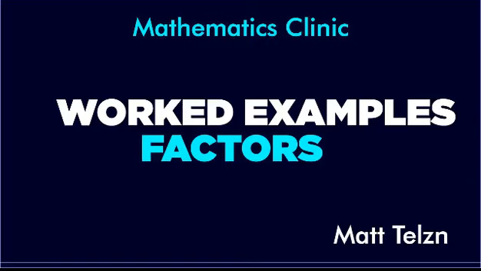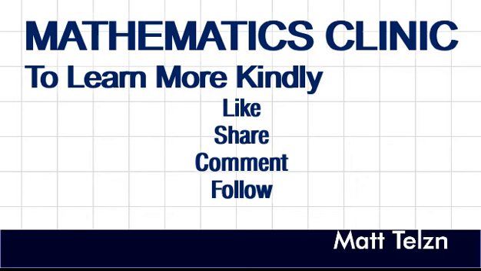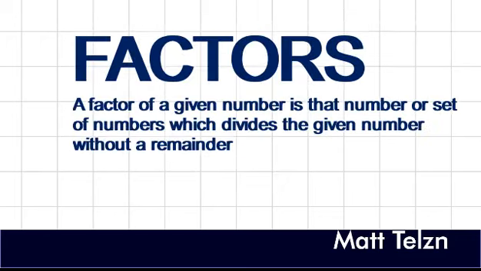The last time we talked about factors, we looked at an introduction to factors. We said a factor of a given number is a number, or a set of numbers, which divides the given number without a remainder.